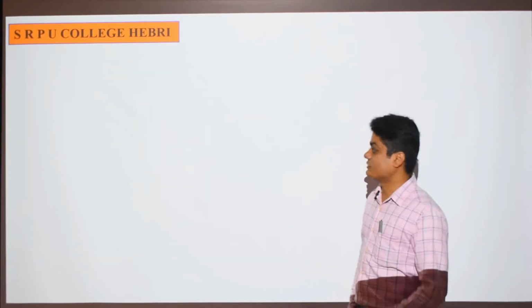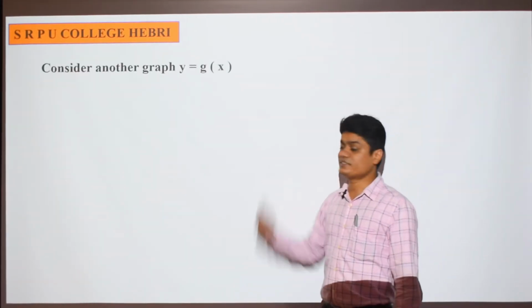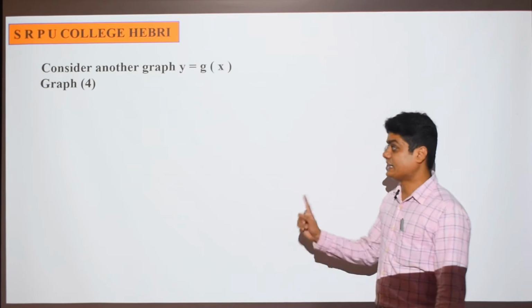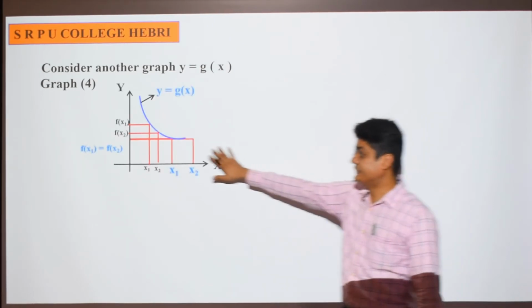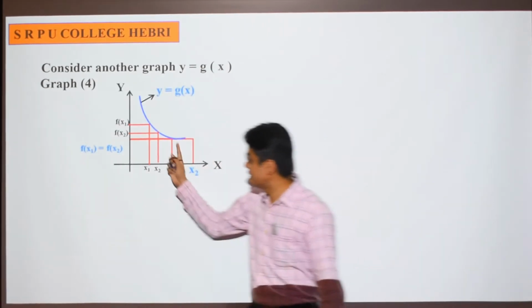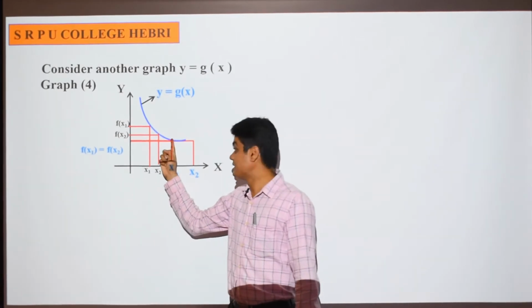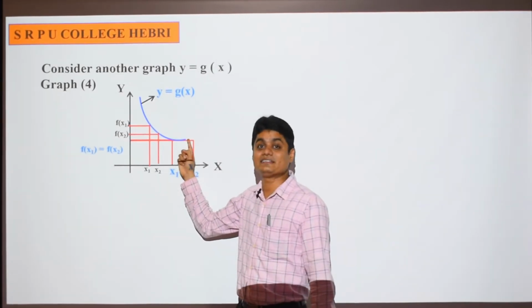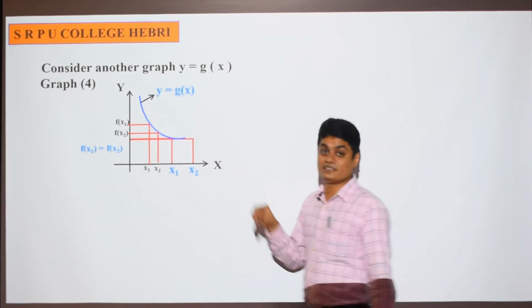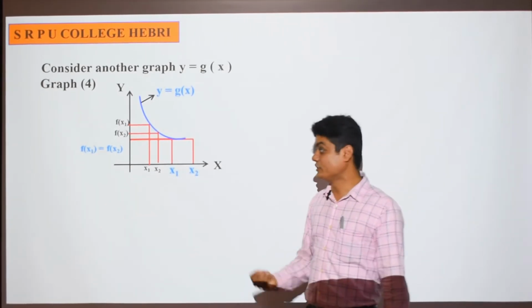Okay, the next concept. Consider the graph y is equal to g of x, like this. See, up to here it is decreasing, but from here onwards it neither decreases nor increases. So this is a graph which explains decreasing, only decreasing.